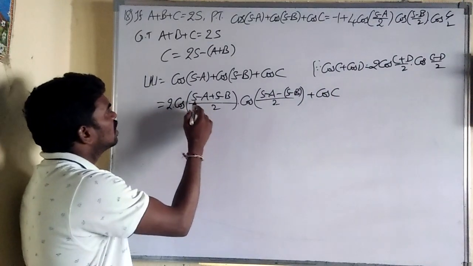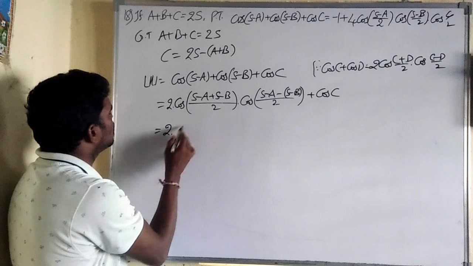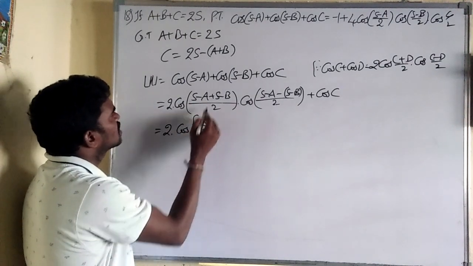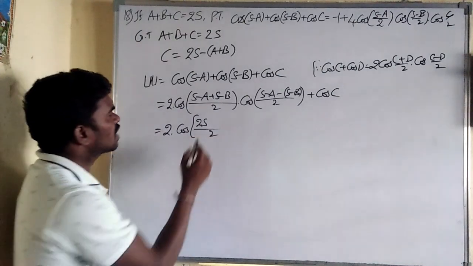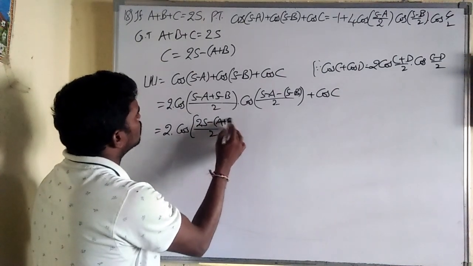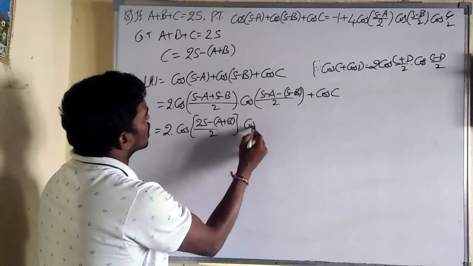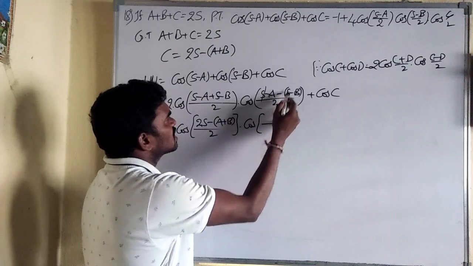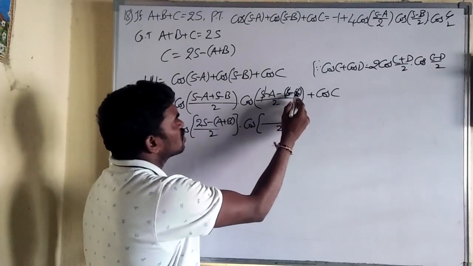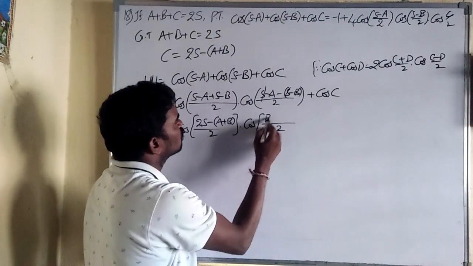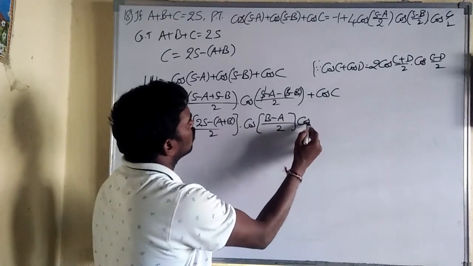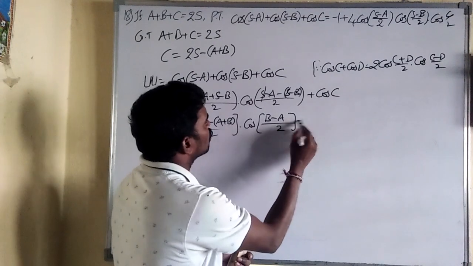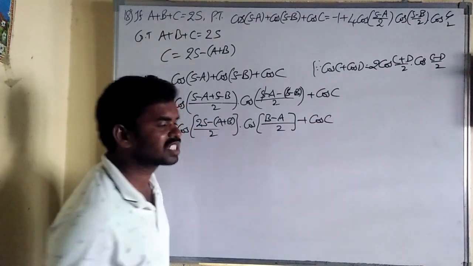Nothing is cancelled here. 2 into cos of (2s minus (a plus b))/2 into cos of ((s minus s) cancel, minus a plus b) that is (b minus a)/2, plus cos c as it is.